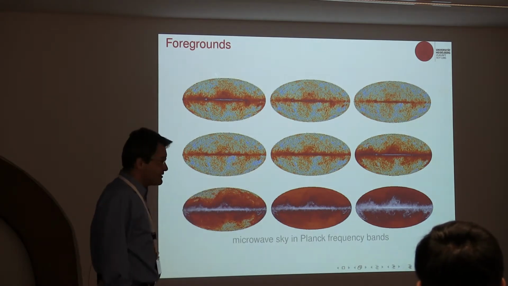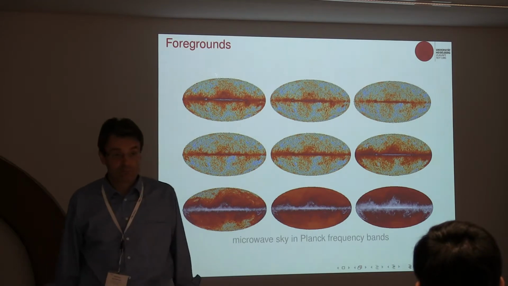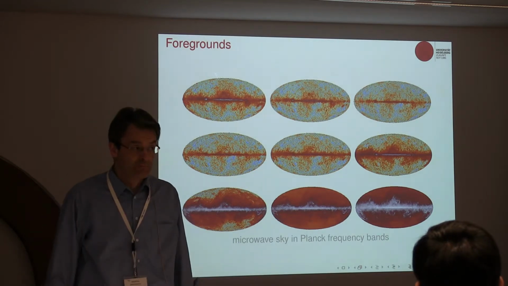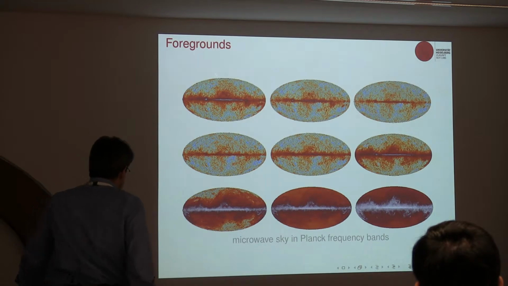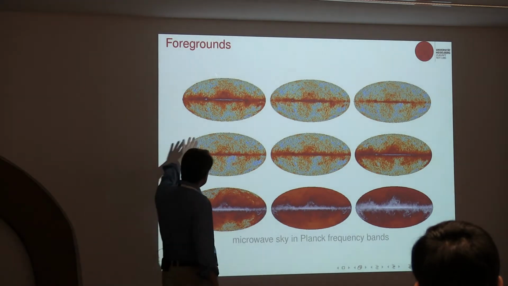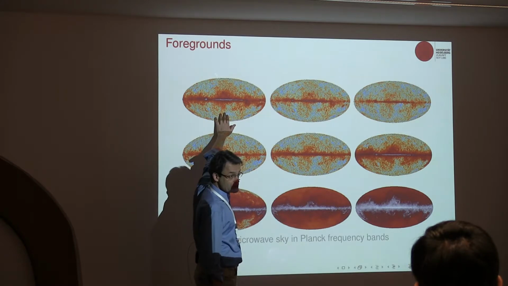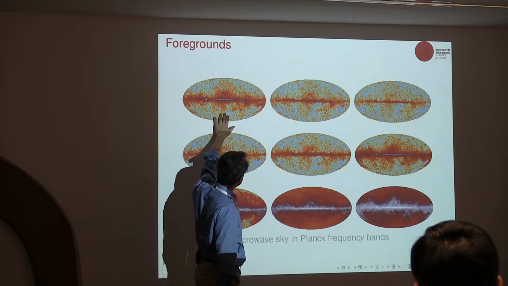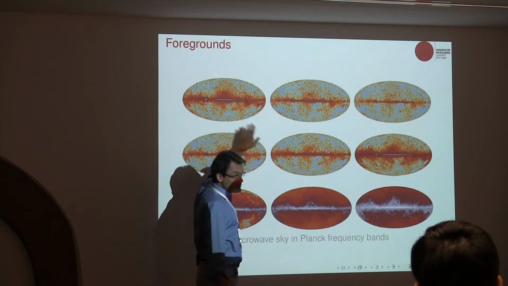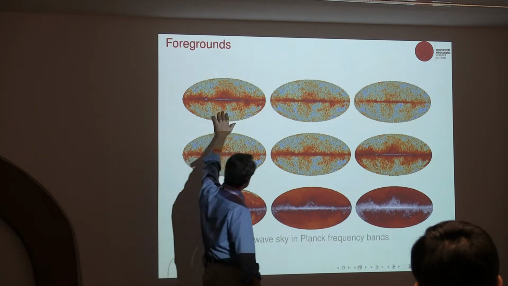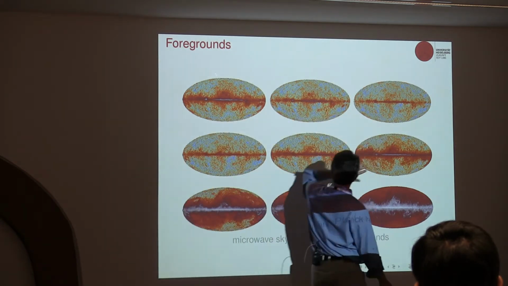So what you see is mostly galactic signal, local foreground. And this part is radio emission, which mainly comes from relativistic electrons gyrating in the magnetic field of the galaxy. And this radio emission has a falling power law, so this becomes less and less intense as you move on in frequency.